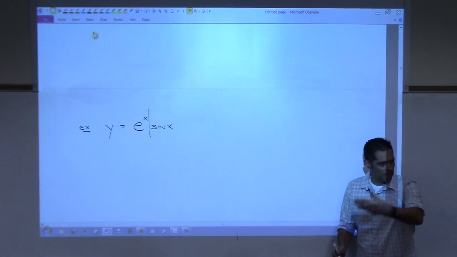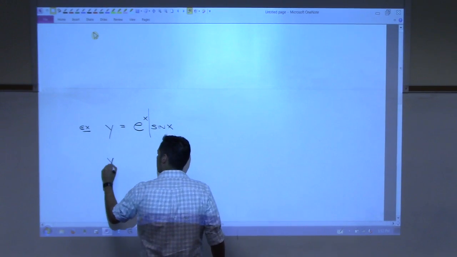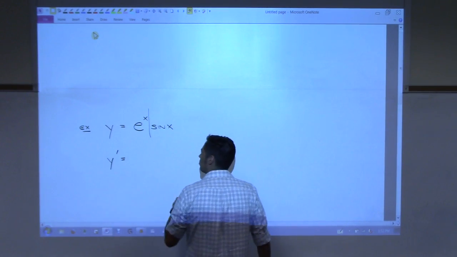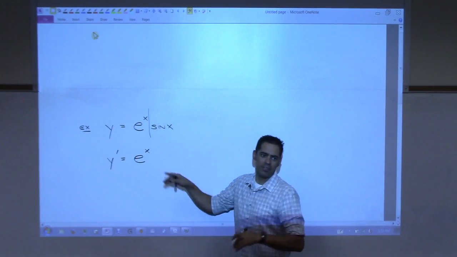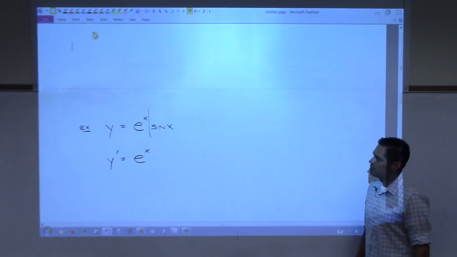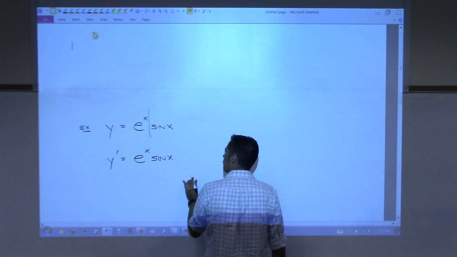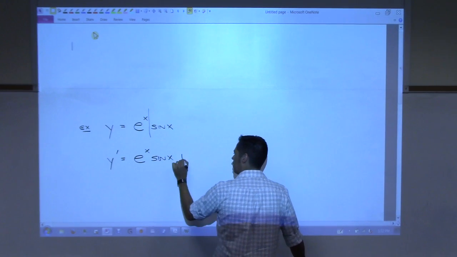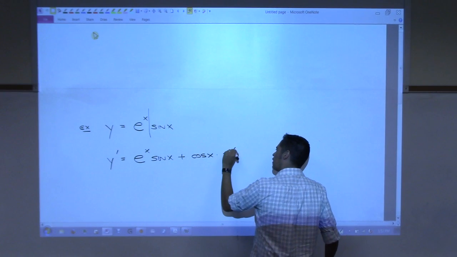So you're going to do the derivative of the first one times the second plus the derivative of the second one times the first one. What's the derivative of the first one? e to the x. And you do not need to write down natural log of e, because that's always going to be 1. So you just write down e to the x times sine x. Okay, next, plus cosine x times e to the x.